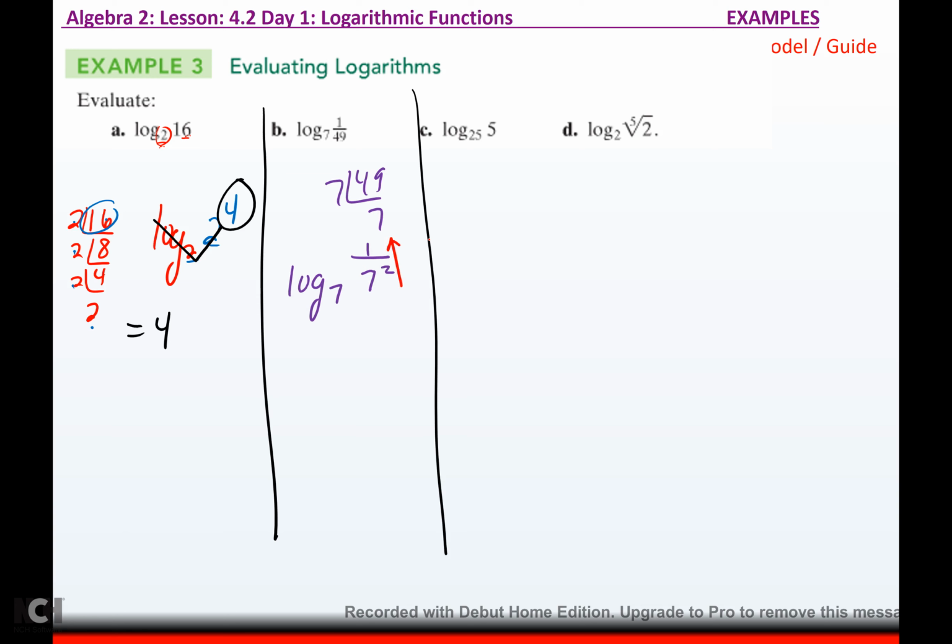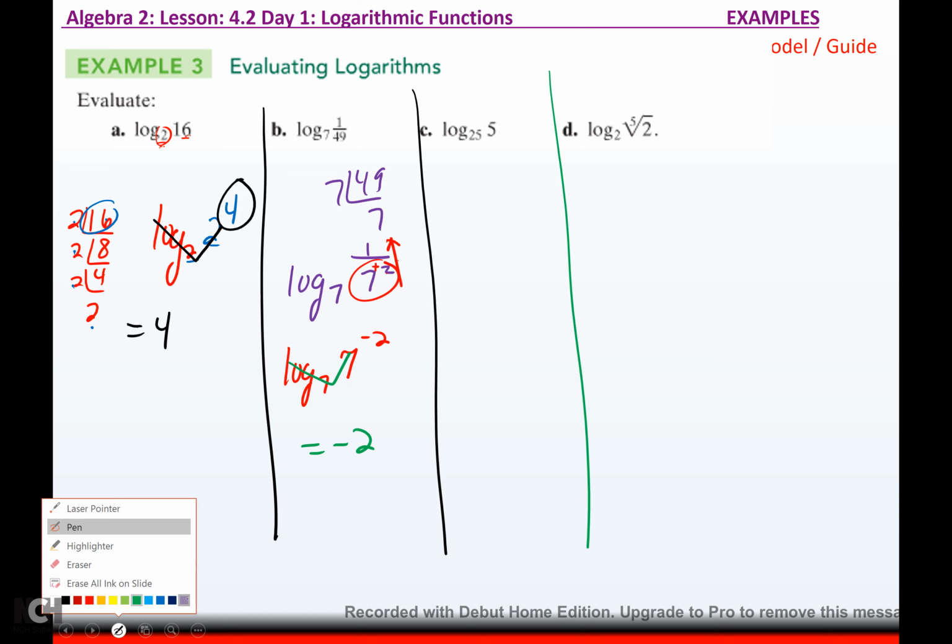You can move floors by changing the sign of your exponent. So 1 over 7 squared becomes 7 to the -2. You can move him up by changing his positive to a negative. And now, my friends, they match. So my answer is -2. Okay, again here. Now this one's going to be tricky.